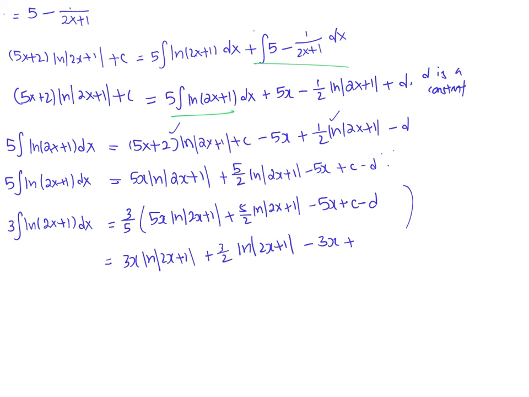And I'm going to call a new constant e, where e is simply 3 of c minus d over 5. You still see here that there are two constants being defined, d and c, because at the start we integrated the dy dx on both sides, so there should be a constant at the start, and this d is because of integrating the second term.